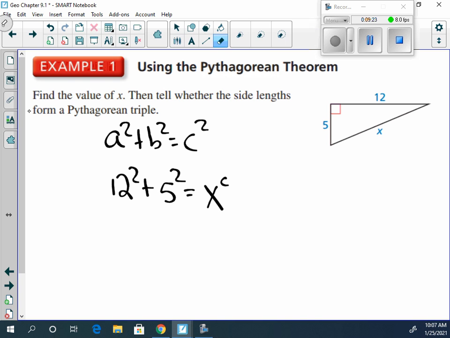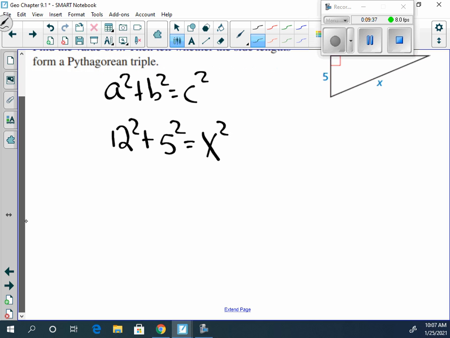Yeah, we can call it x squared or c squared. It doesn't matter which because it's still just a variable that we'll be solving for. Well, what can we do next? We can do 12 squared plus 5 squared, yes? We can type that in a calculator.